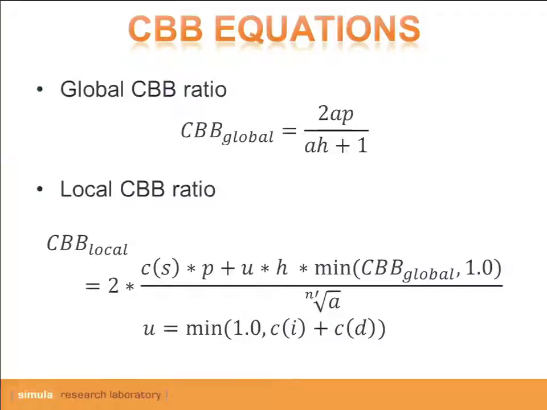And then you use this to modify the amount of traffic that comes in through the global link, which comes through the H's, and traffic generated by the terminals locally in the switch, which is represented by the P's. The n apostrophe square root of A is to deal with multi-dimensional flattened butterflies.